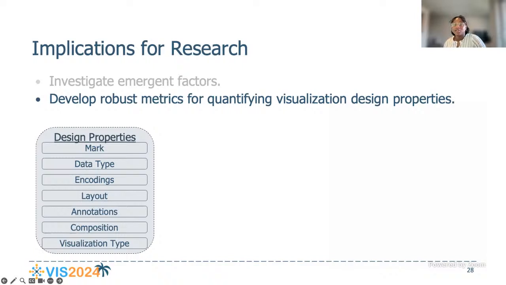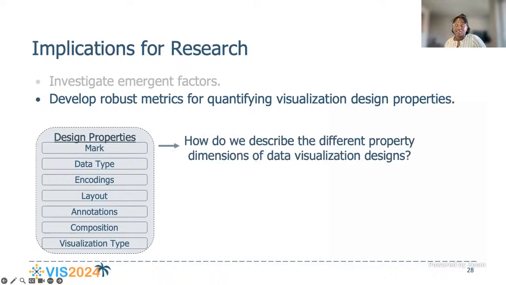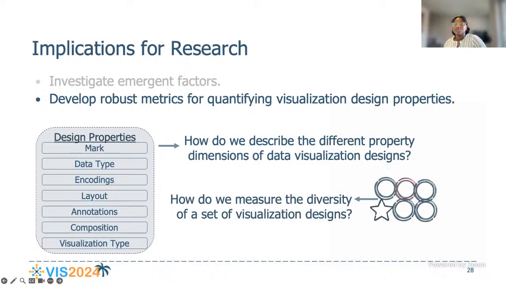So while the metrics we created are sufficient for this study, there's a need for more systematic research to define the various dimensions of visualization designs, particularly layouts. Also, developing metrics to measure the diversity of a set of visualization designs is an interesting research direction.